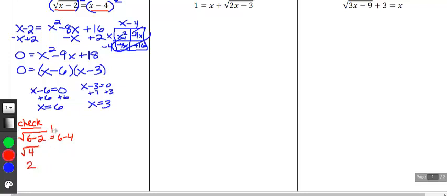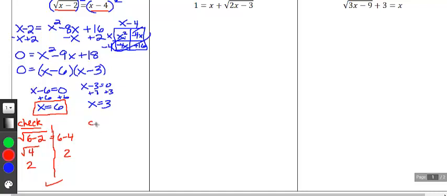You don't change any of these symbols, and you don't move things from left to right. There's like a brick wall here. You just simplify what you get on the left, and you simplify what you get on the right. So let's see, on the right we get 2. If these two numbers match, you have an answer. So 6 is a good answer.